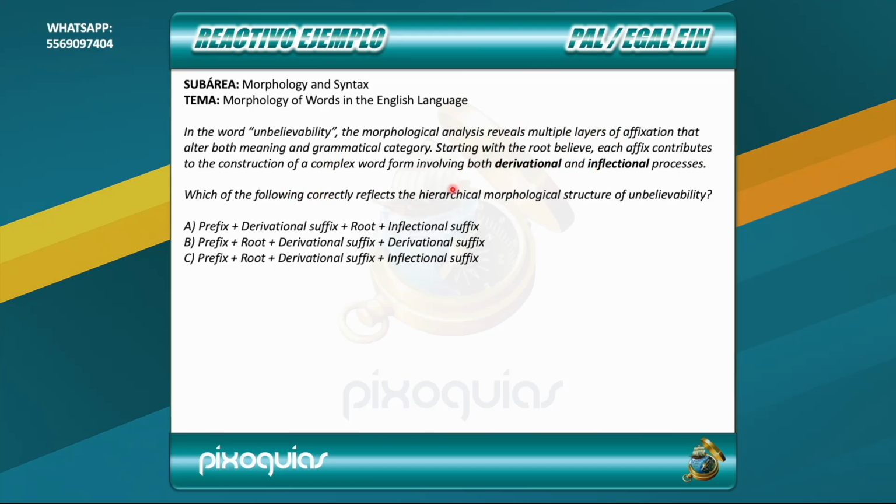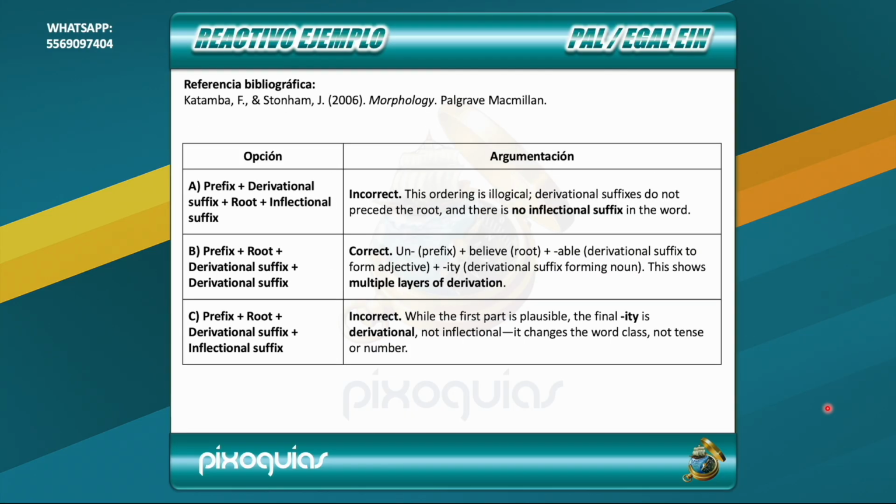Which of the following correctly reflects the hierarchical morphological structure of unavailability? A. Prefix plus derivational suffix plus root plus inflectional suffix. B. Prefix plus root plus derivational suffix plus derivational suffix. And C. Prefix plus root plus derivational suffix plus inflectional suffix. The correct answer is B. Prefix plus root plus derivational suffix plus derivational suffix.